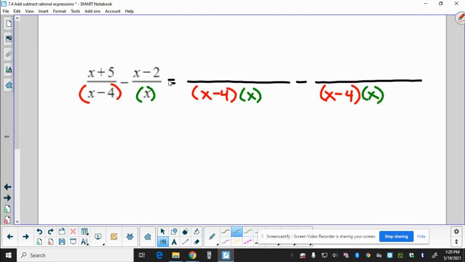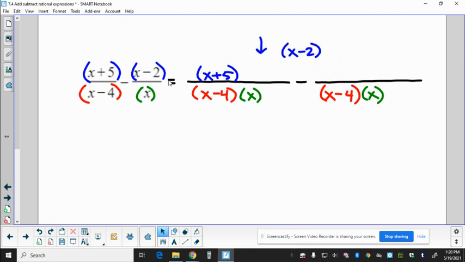Nothing wrong at all. Okay, so my numerators will be x plus 5 and x minus 2. And we do have that subtraction sign to contend with, so that's something to be aware of, that's for sure.